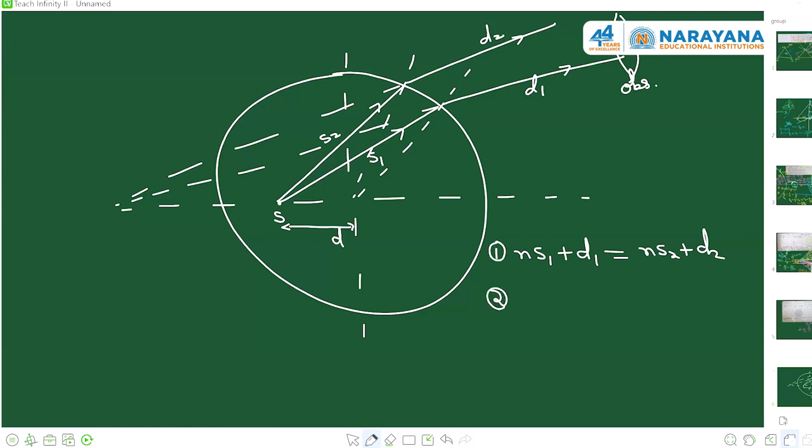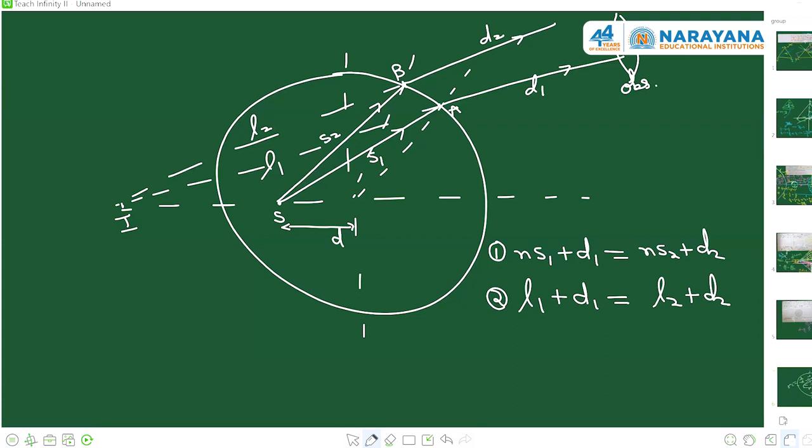Not only this, I can also observe this point here. These two rays are diverging from the same point. So geometrically, I see that from this point till my image I, if I write the distance as L1, and this dotted length from I to this point, maybe this point is A, this point is B, I'm writing as L1. So L1 plus D1 should be equal to I to B, which I'm writing as L2 plus D2.